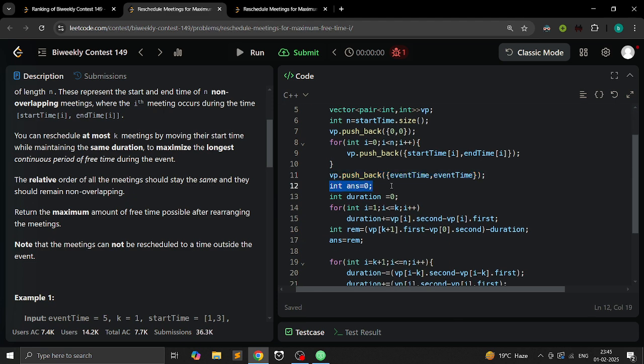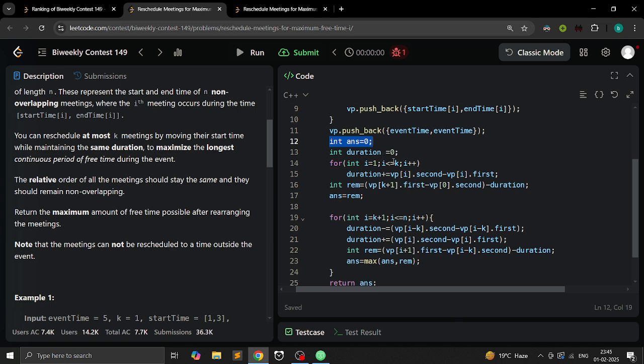Answer will hold the maximum we can have. As I said, we will first take the duration of the first k elements. So duration would be VP[i].second minus VP[i].first, that is end time minus start time. So for the first k elements I will add the duration.